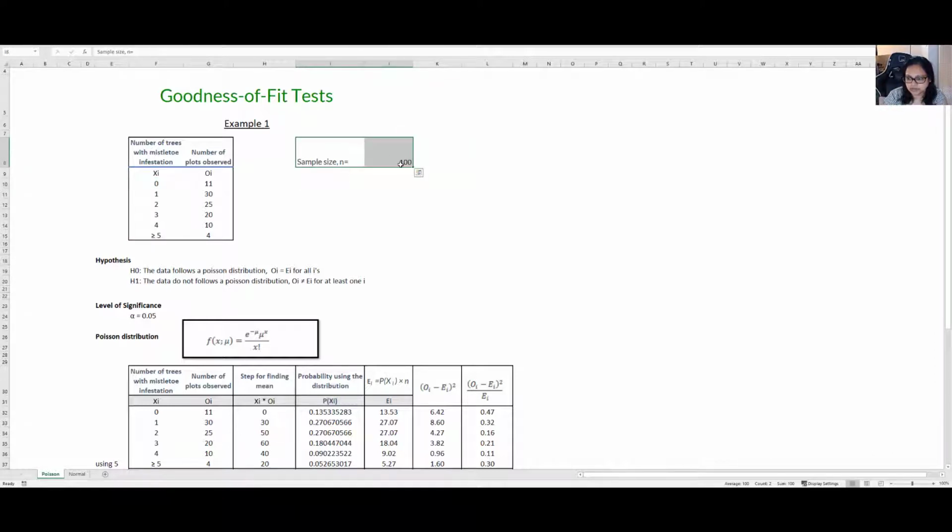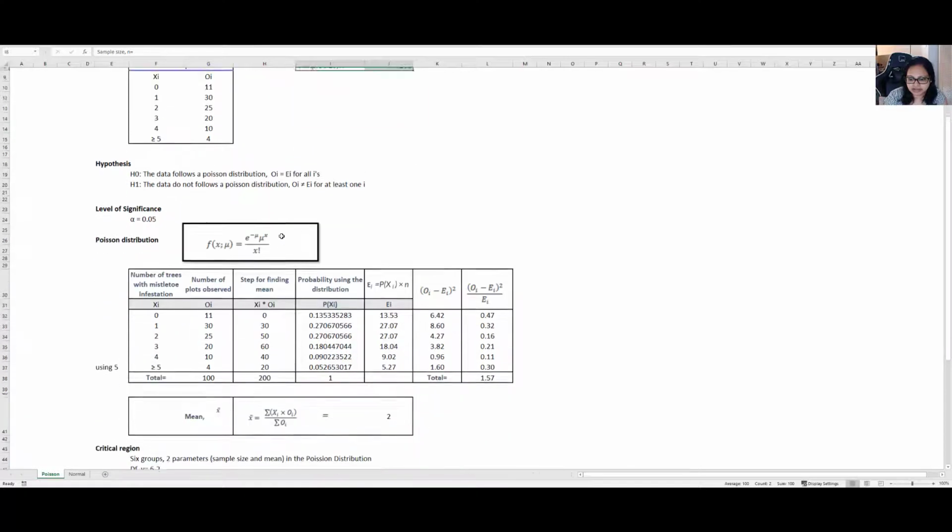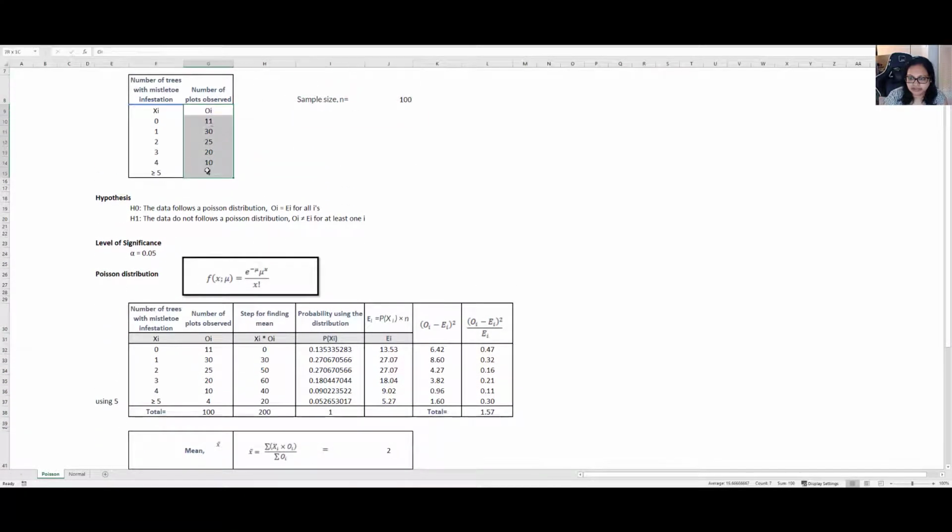You can see the sample size was 100, and if you add them up, you will see that the total number of plots is 100. That means that's the sample size. The hypothesis we are testing is that the data follows a Poisson distribution, and the alternative hypothesis is that the data do not follow a Poisson distribution.